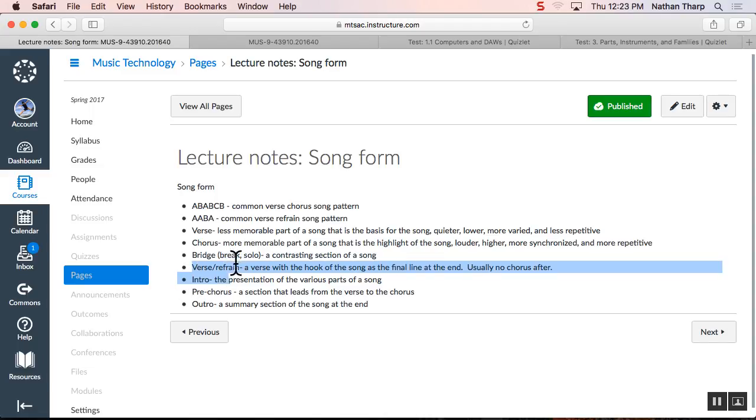Right? Verse refrain, what does that mean? Well, in these songs that go A-A-B-A, the verse will generally end up closing. And I can see I have some of that showing here from the last class. The verse has a phrase, and then it ends that phrase, usually with the name of the song right about here.